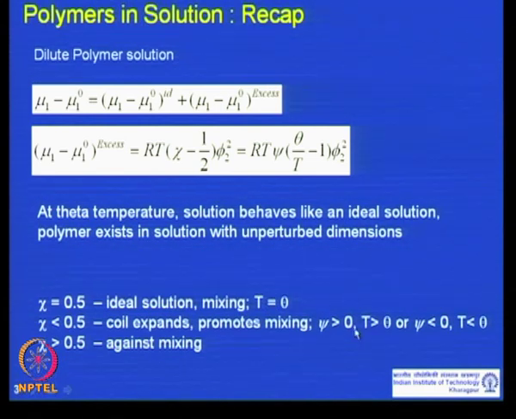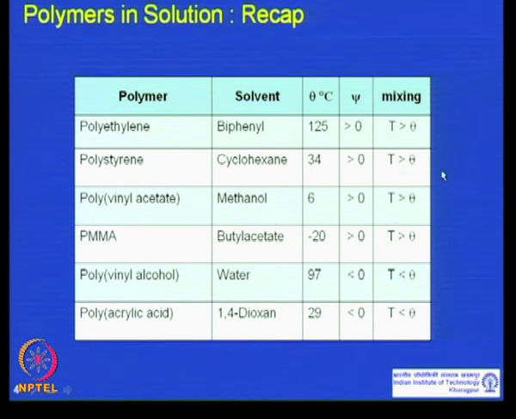Just to give a few data for some polymer-solvent systems having different values of psi and theta, let us look at some data of different polymers with different solvents. For all these cases the interaction parameter chi is less than 0.5, which means all these examples favor mixing.